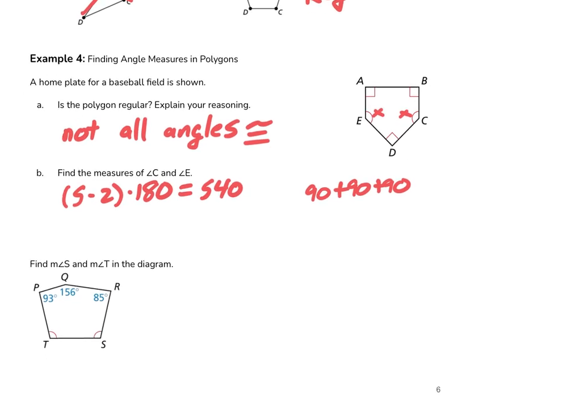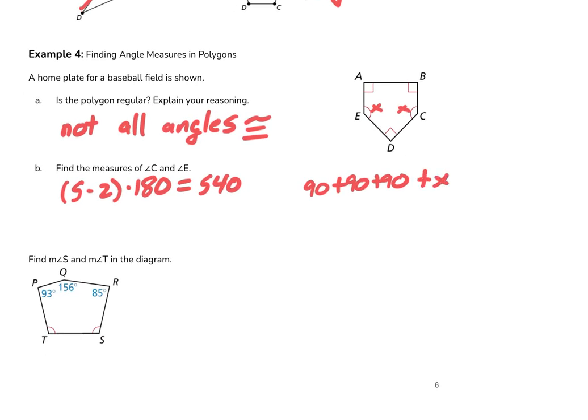So we're going to say plus X equals the total. Those are my 5 angles, right? 3 90-degree angles and 2 that we're trying to find. These 3 are going to add up to be 270. 90 plus 90 plus 90. X plus X makes 2X.